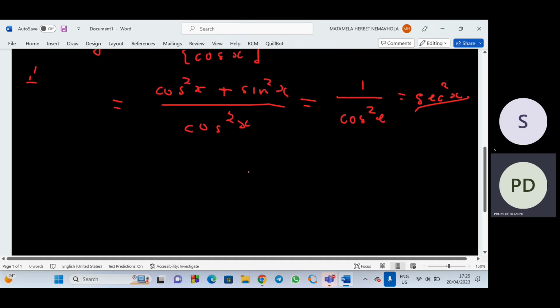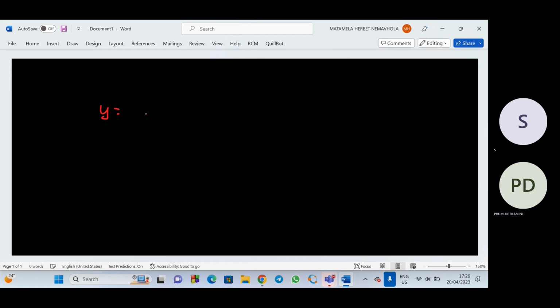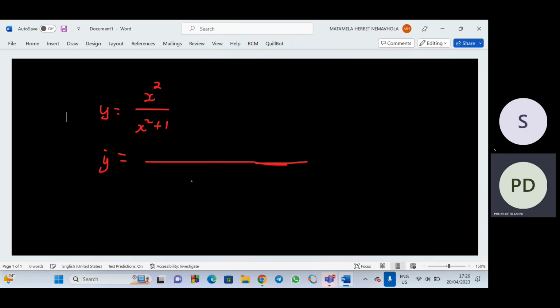Now maybe you can be given a function, let's say y equals x squared over x squared plus 1. To differentiate this, y prime equals: I first square my x squared plus 1.